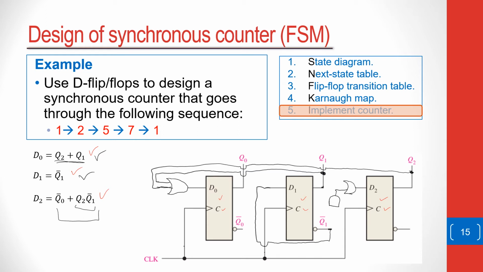Right. Now the OR gate fits. So this input to the AND gate is fed by Q0 bar and something. So it's Q0 bar. So let me take that Q0 bar.